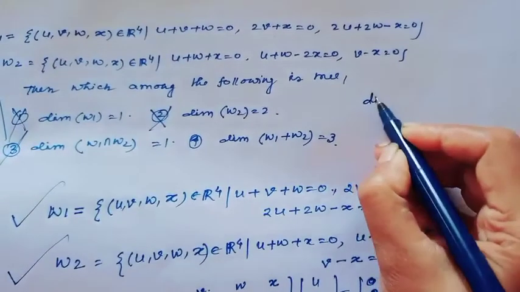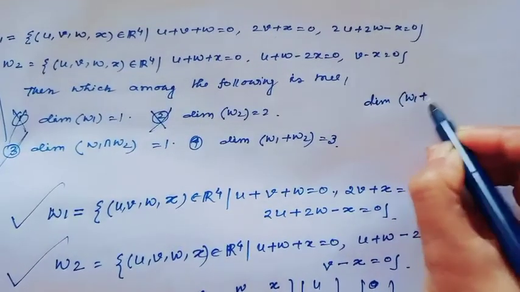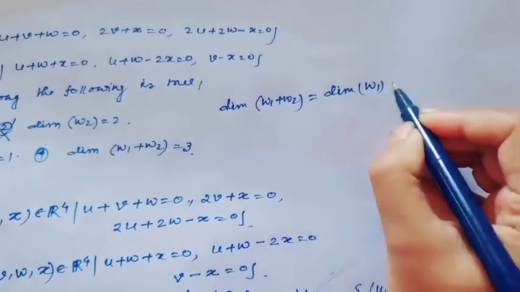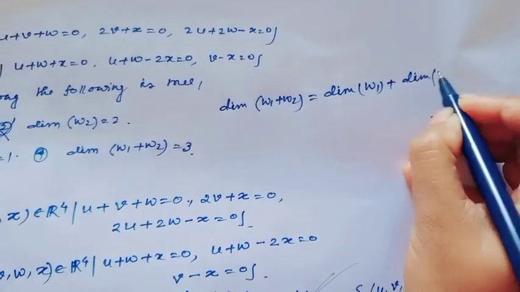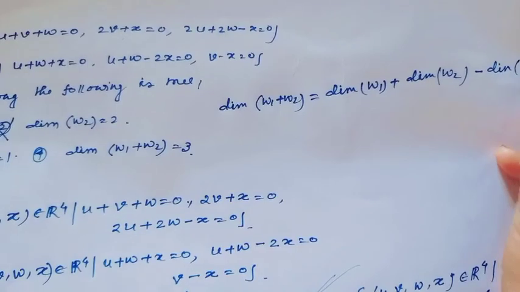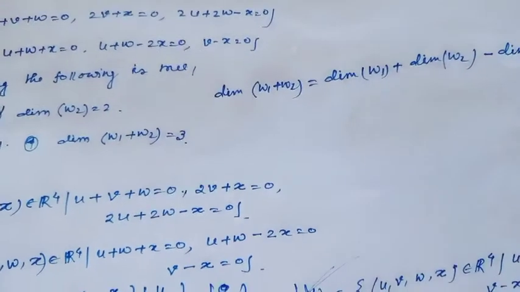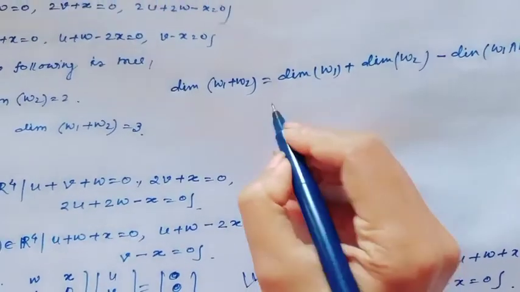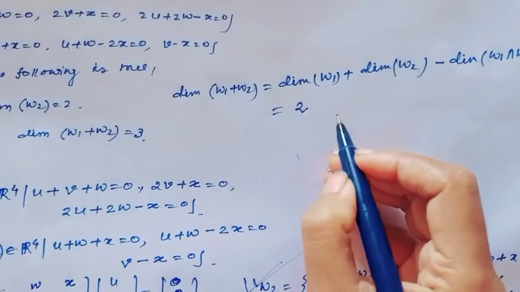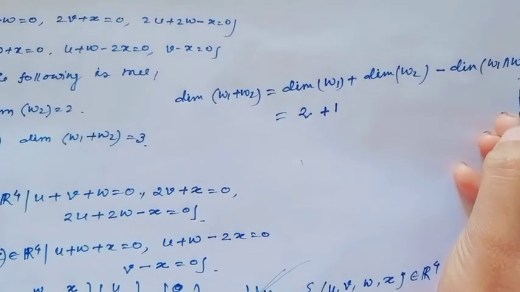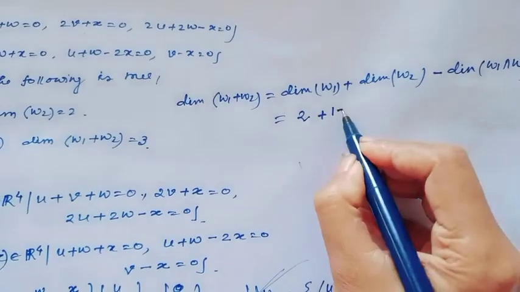For this, dimension of W1 plus W2, we all know the theorem. This is dimension of W1 plus dimension of W2 minus dimension of W1 intersection W2. Here dimension of W1 is 2, dimension of W2 is 1, and dimension of W1 intersection W2 is 1.